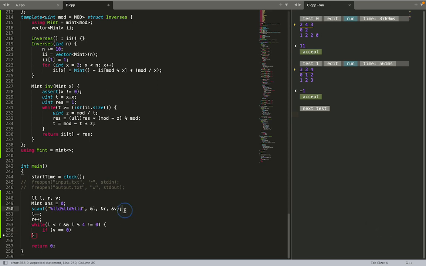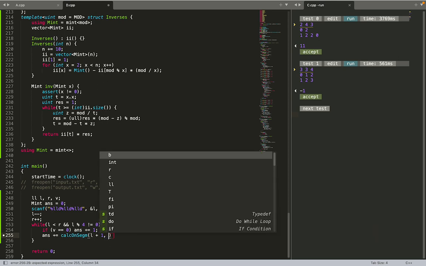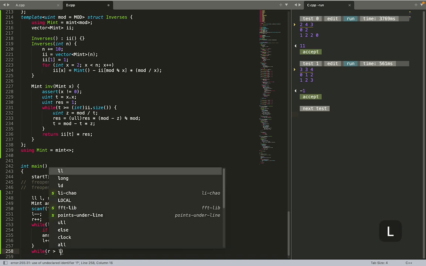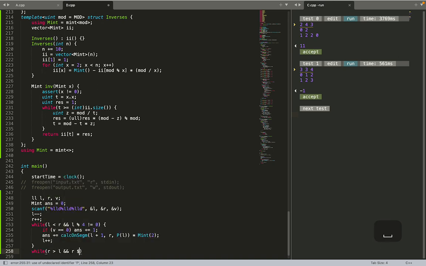If v is equal to 0, then it's good to take each number with itself always, and then do the same with the right border.